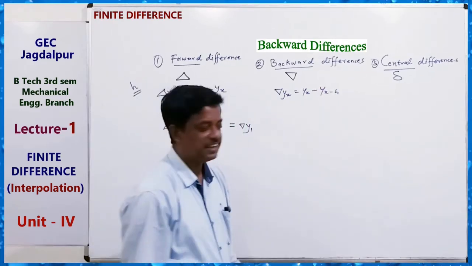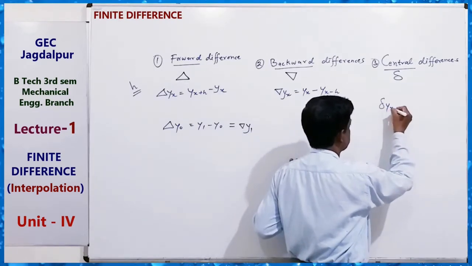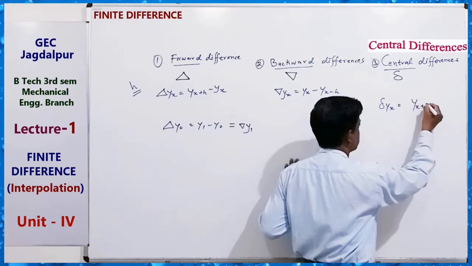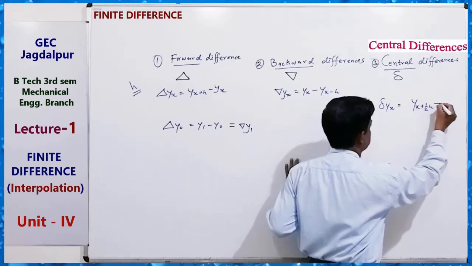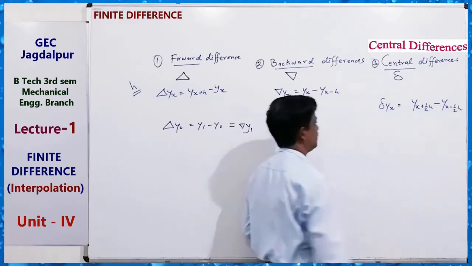Clear? The central difference is δy(x) equals y(x plus half h) minus y(x minus half h).